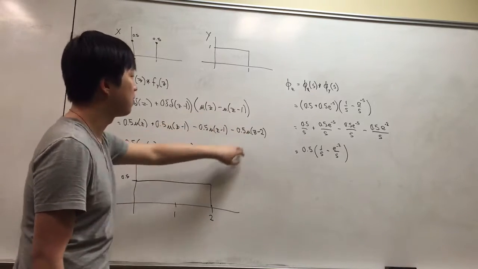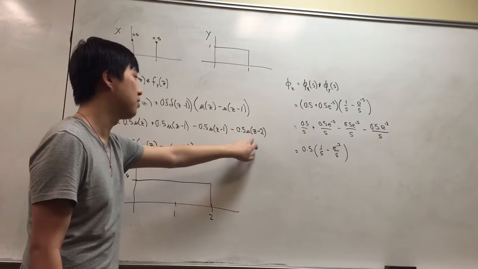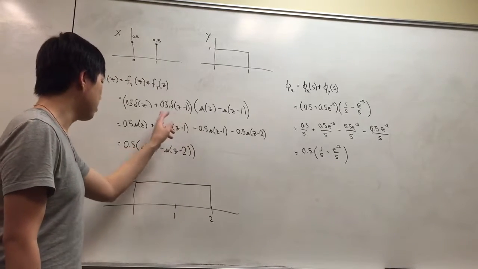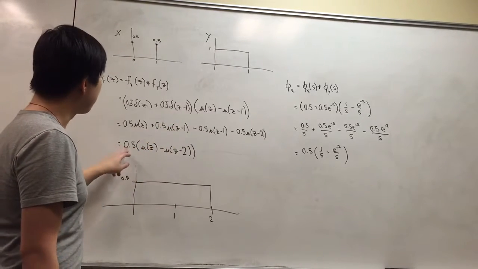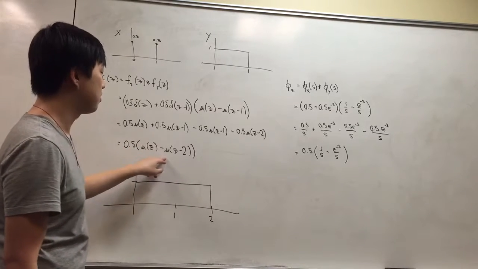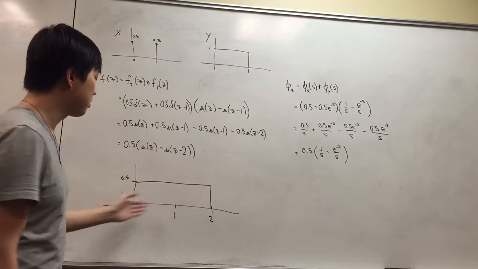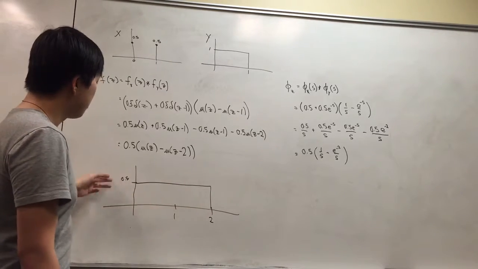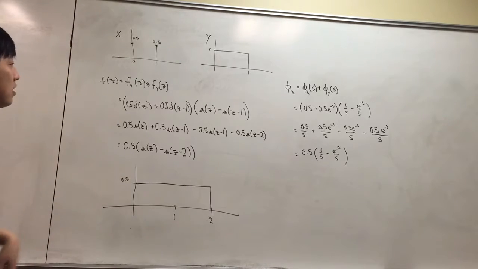So the shifts are added up, and it becomes 0.5 of the unit step function shifted by 2 to the right. The middle terms cancel out, and you get 0.5 of the unit step function of z minus the unit step function of z minus 2, which is simply the unit step function from 0 to 2 with height 0.5, and that is what f of z looks like.